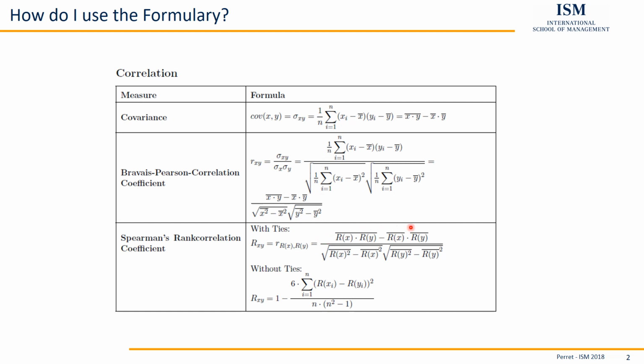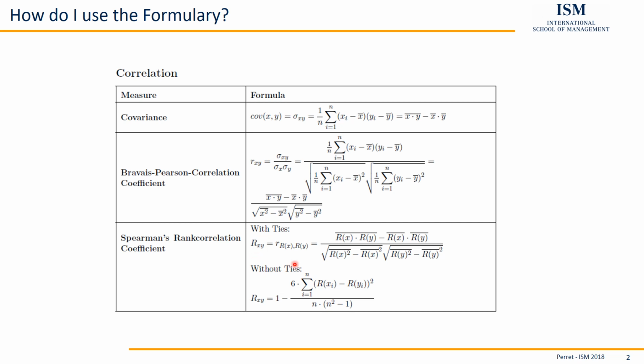So this is simply the same formula as here, or rather as here, but with the ranked variables instead of the original raw variables. So we simply use this formula and replace x by the rank of x, y by the rank of y. And then do the same thing as before. The neat thing is, this will always work.